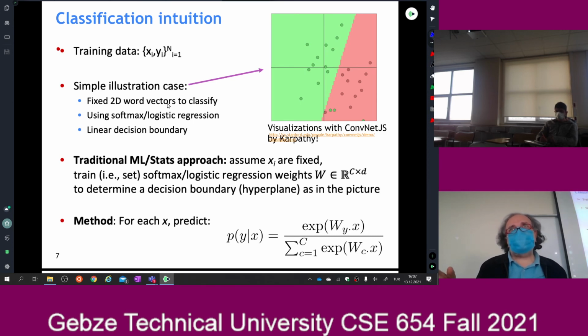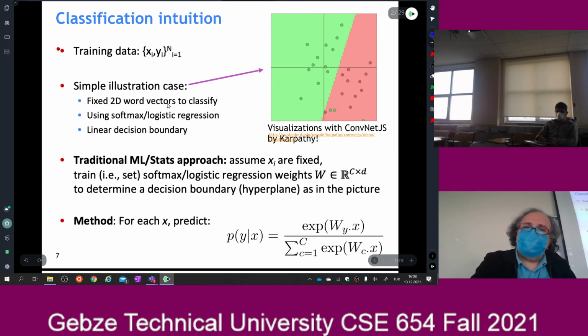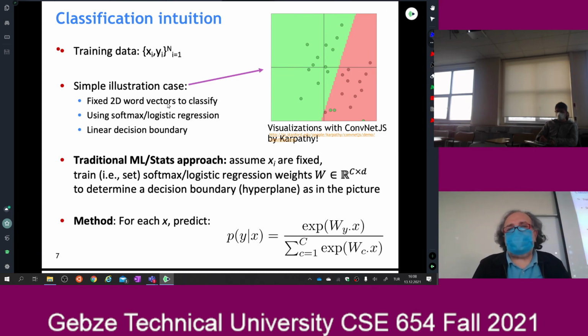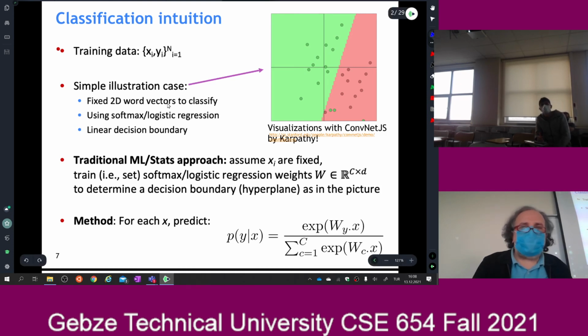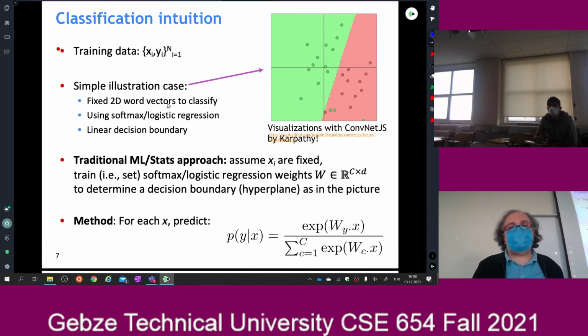If I have a sentence of 10 words, 200 times 10 is 2000 dimensional vectors as an input. It is very difficult to visualize those kinds of spaces. So usually we just visualize what we can visualize best: two-dimensional spaces. Let's say I have a two-dimensional input vector Xi instead of 2000 dimensional.